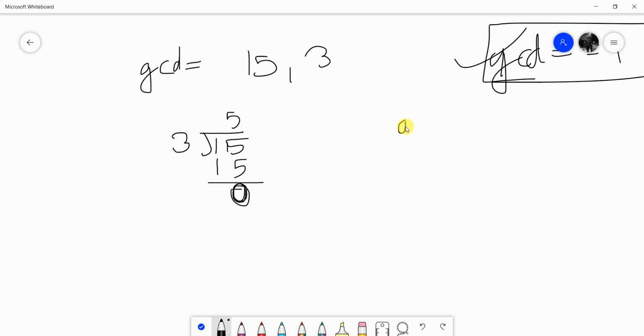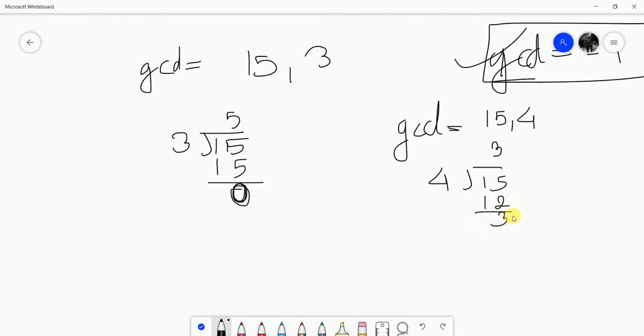Let's take some other number which is not divisible. Suppose 15 and 4. In this case we are dividing 15 by 4. So 4 3s are 12. Then we are left with remainder 3.